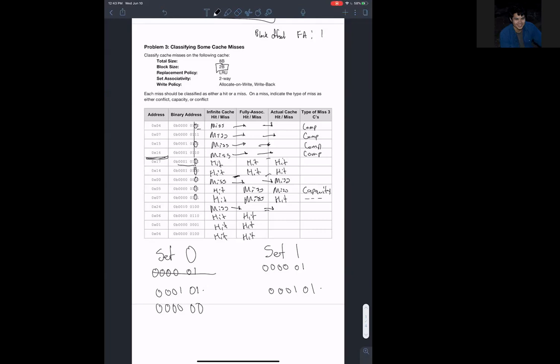Which set do we need to add that address to, and which address do we need to evict? Yeah, and the really big reason why it's not a capacity miss is because in our actual cache, we had a hit there. So we don't really classify it as a 3Cs miss.